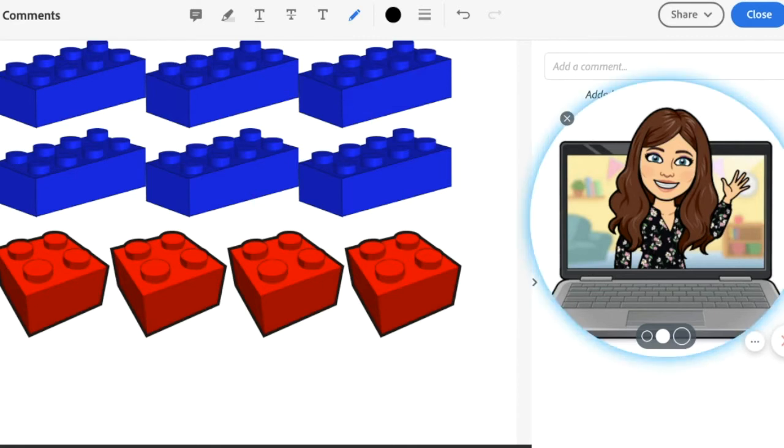Okay, friends. For our next word problem, I have 10 pieces of Lego in all. If 4 of my pieces of Lego are red, how many pieces of blue Lego do I have? Well, Keeble Cubs, what do we have to do first to solve this word problem on subtraction?